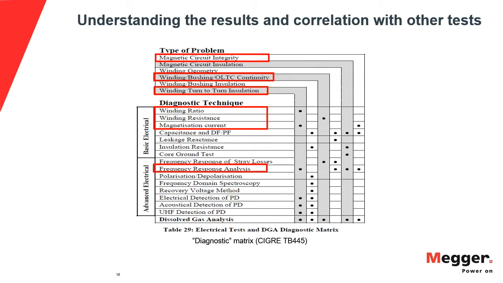If I have previous results of winding resistance for that transformer, I will see, if the problem is bad enough, a different winding resistance value for that particular winding. Magnetization current also looks at the winding turn-to-turn insulation and the magnetic circuit integrity, in other words, the condition of the core of my transformer.